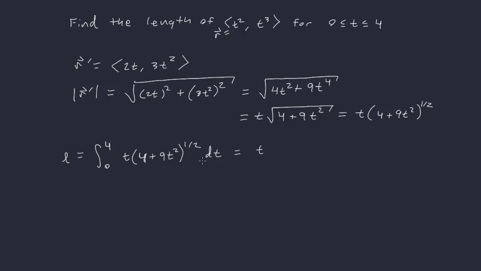The stuff to the 1/2 will be the stuff to the 3/2 times 2/3. Remember you always multiply by the reciprocal, and then I'm going to divide by the derivative of the inside, which is 18t. The only reason this works is because the t's cancel.